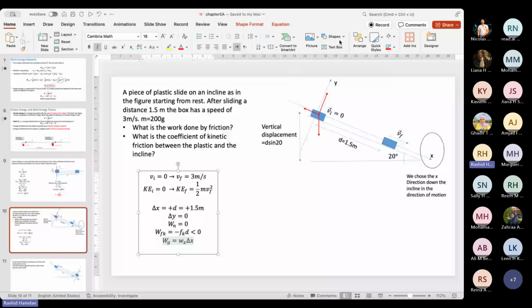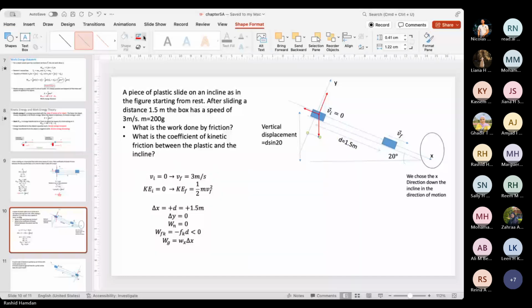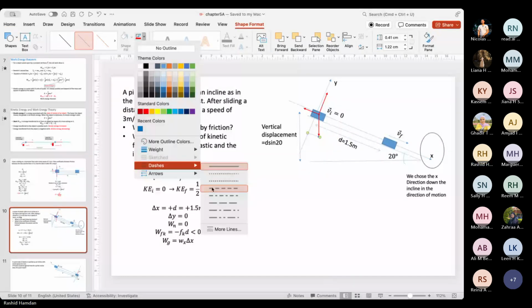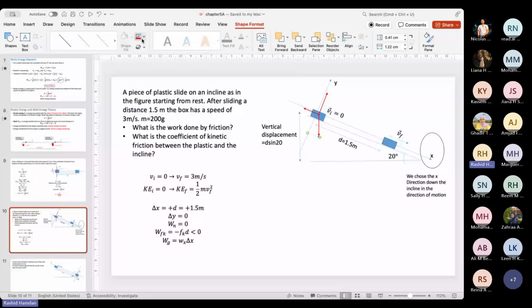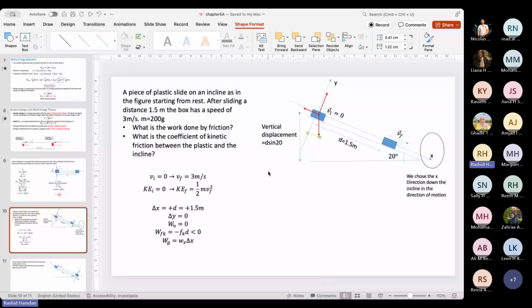The weight is still vertical, so this is its projection on the x-axis. It's positive. It's in the positive x direction.